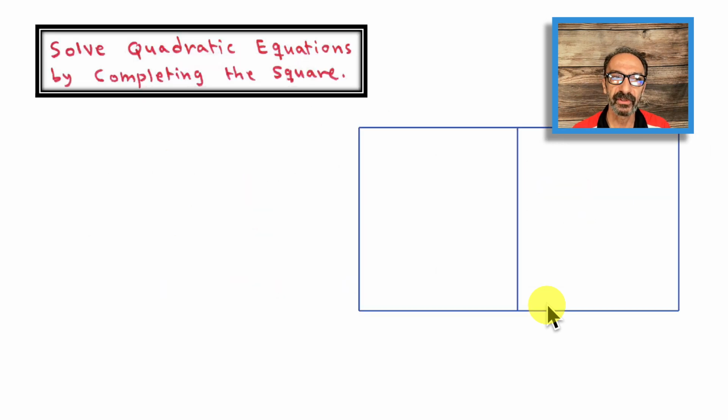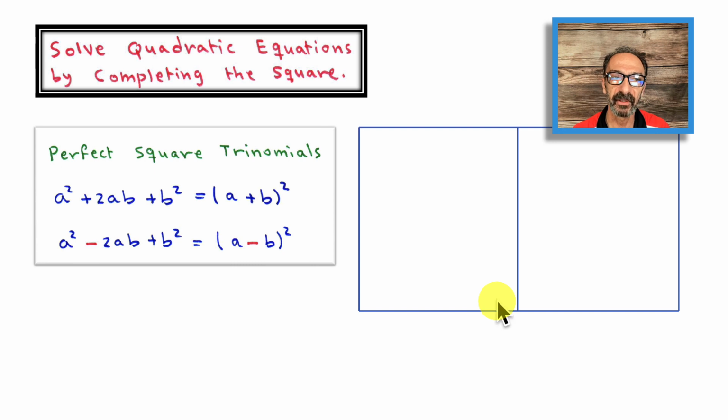To solve quadratic equations by completing the square, we need to be aware of the two perfect square trinomial formulas. Why are they called perfect square trinomials? Because the right hand side is a perfect square and the left hand side is three terms, a trinomial.